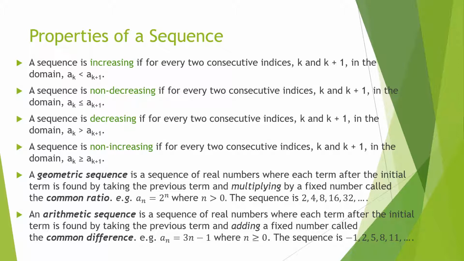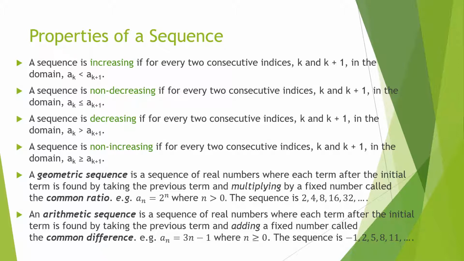Then we define another specific type of sequence, which we call an arithmetic sequence. An arithmetic sequence is a sequence of real numbers where each term after the initial term is found by taking the previous term and this time adding a fixed number called the common difference.